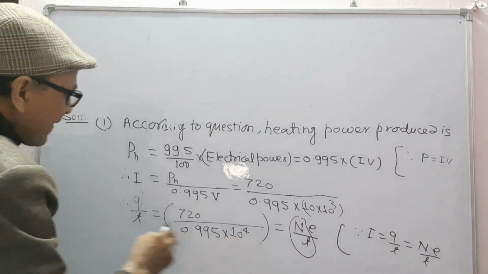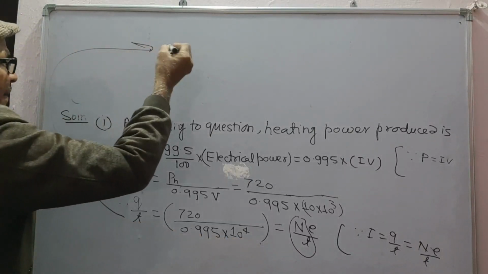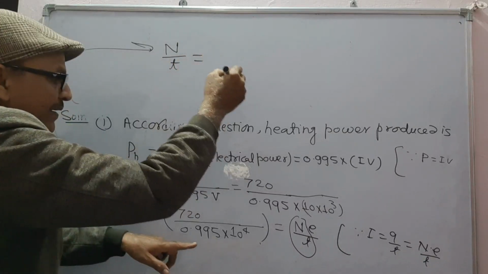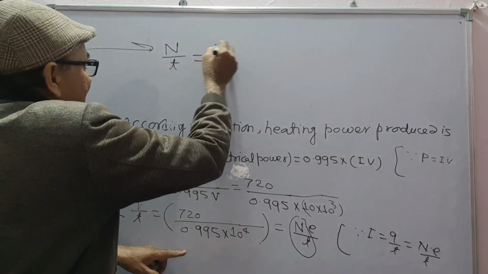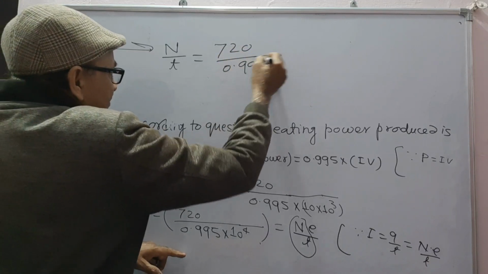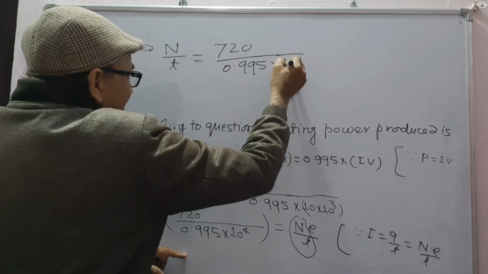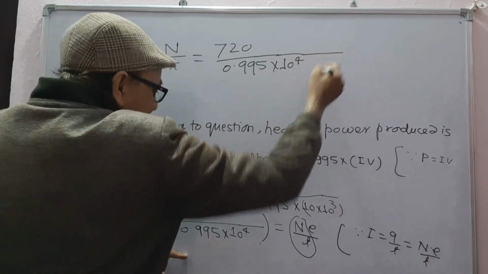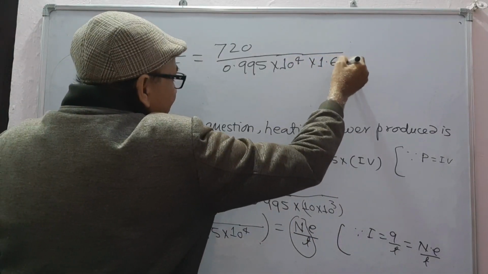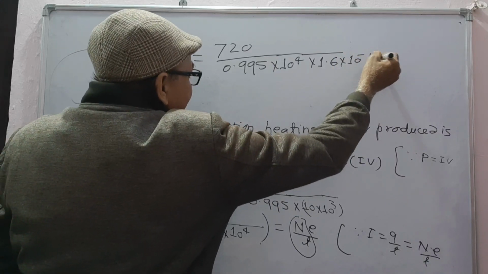This gives N upon T = 720 upon 0.995 upon 10 to power 4 upon e, where e is 1.6 into 10 to minus 19.